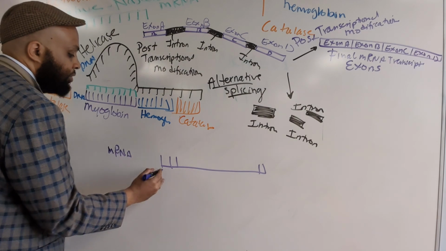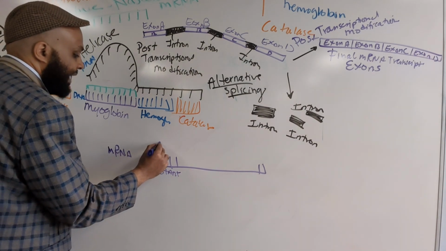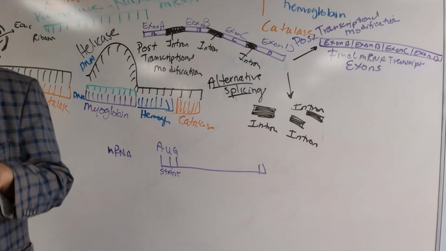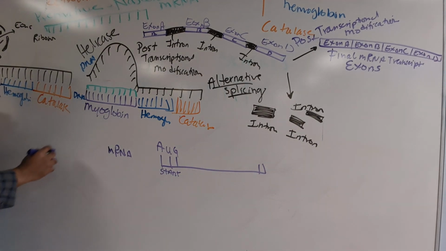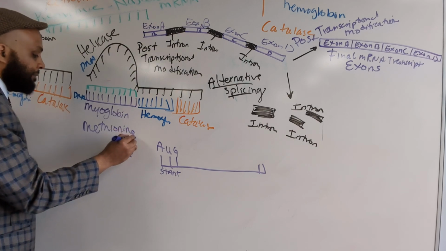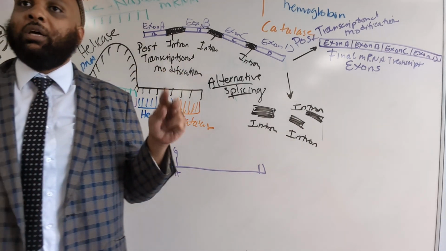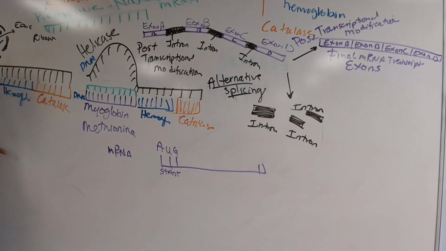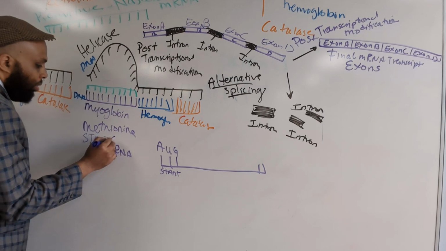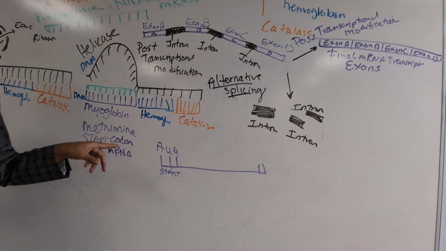The first codon, known as the start codon, is always AUG, and it also codes for an amino acid known as methionine. AUG is a 2-in-1: it's a start codon, and it also codes for methionine.